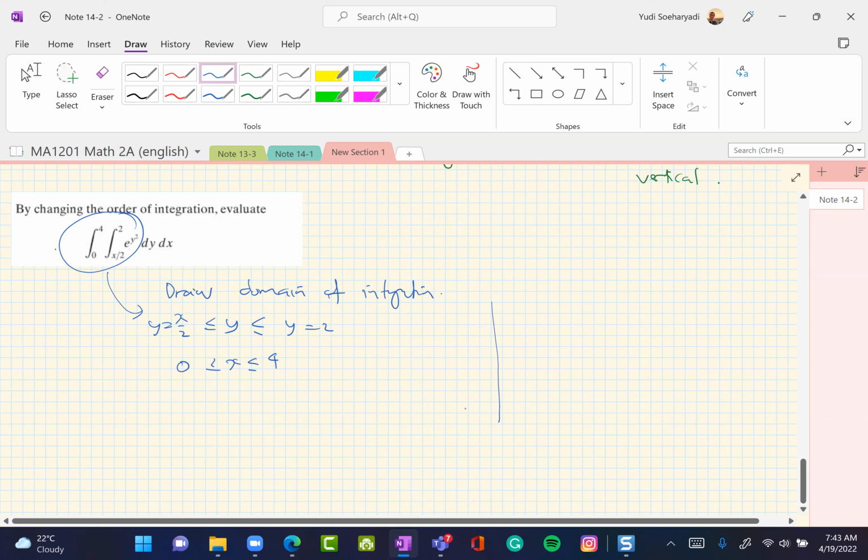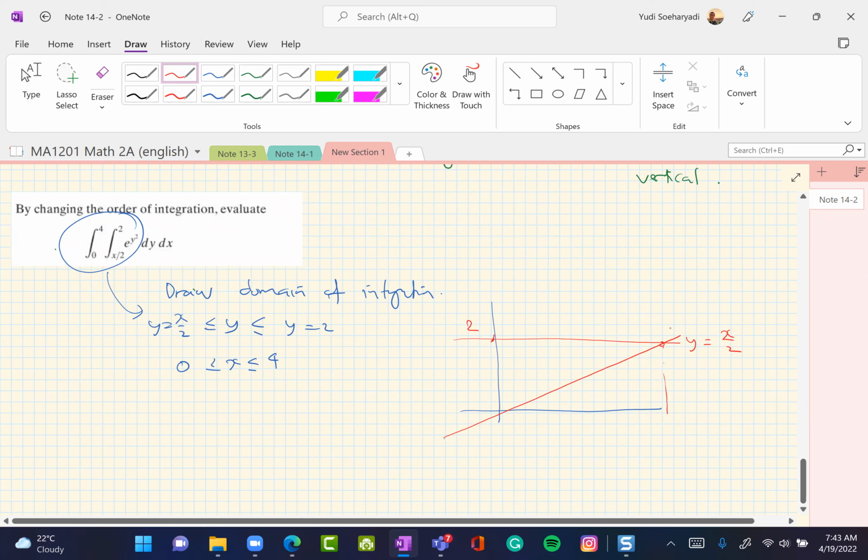Okay, so let's draw this one. y equals x over 2, and y equals 2. And x from 0 to 4.